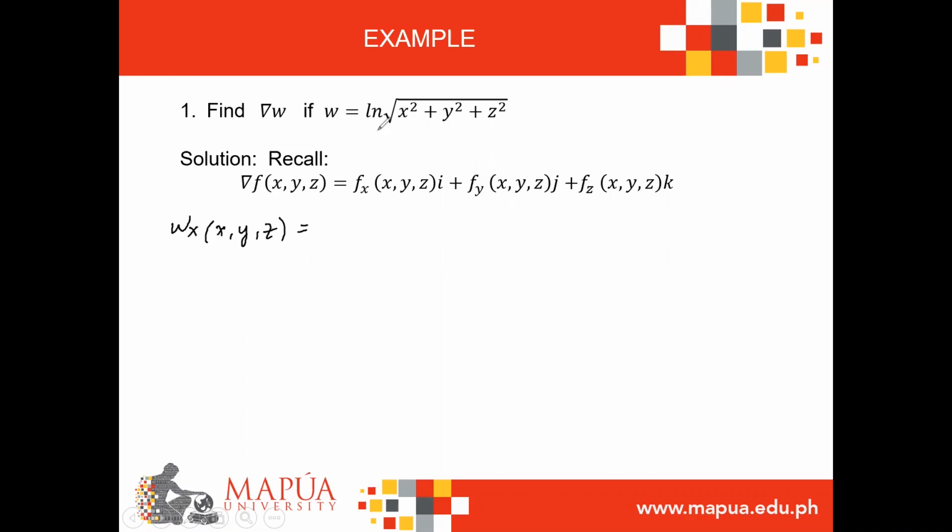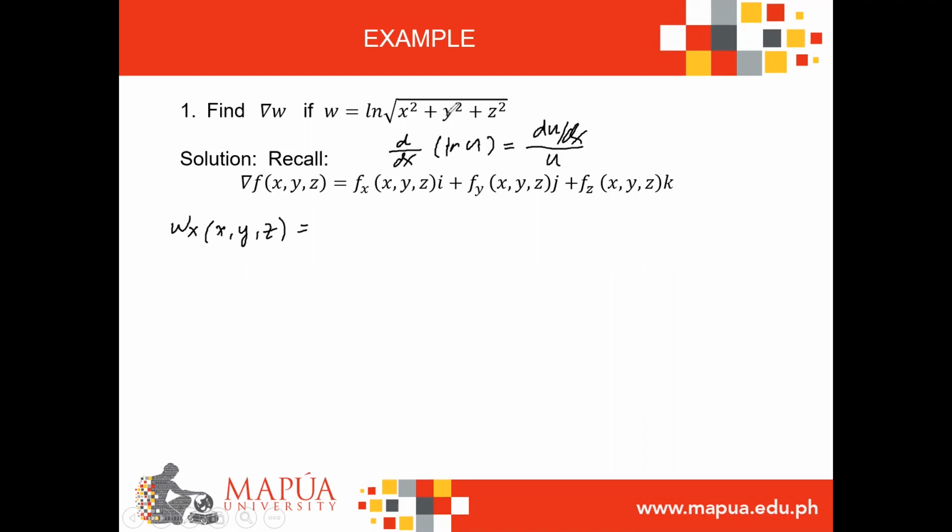So let's recall the formula for ln u also. The derivative of ln u with respect to a variable, say x, is the derivative of u with respect to x all over u.